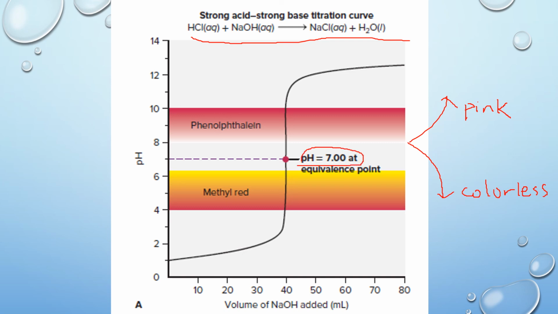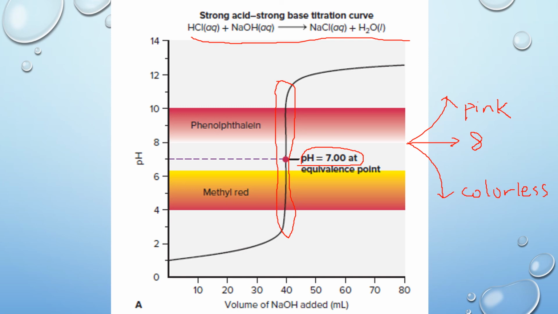But it still works. The reason is this titration curve, this vertical region here, covers this pH change. At pH 8, phenolphthalein changes color, and although it is one pH unit away from the endpoint pH for a strong acid and strong base titration, because it's in this vertical region, by just adding one extra drop of base or acid, the color is going to change.